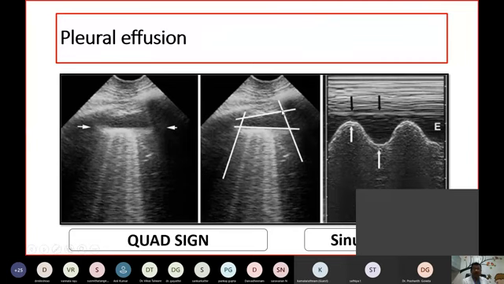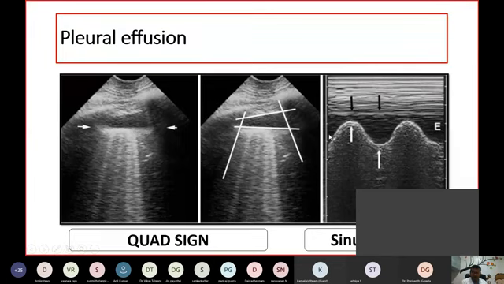And second thing, if you put M mode across the effusion, you are going to see the movement of a normal lung with respiration towards and away from the parietal pleura. So see, this is a normal lung down, this is the effusion in M mode, this is your superficial structures which appear like a C, and this is the parietal pleura or pleural line.